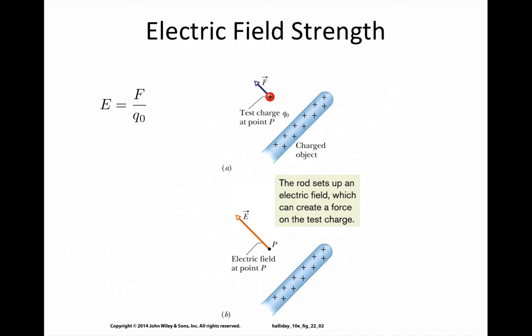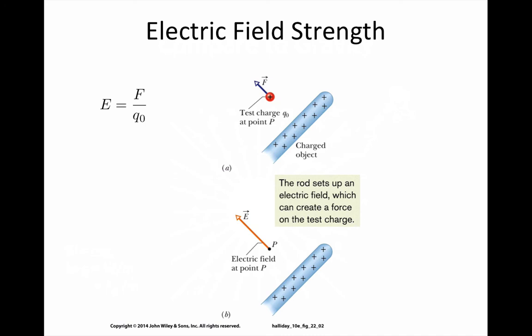The same electric field can produce different forces. We don't see this in gravity because we only ever have gravitational field acting in one way, but in electrostatic forces where you can have positive and negative charges, you can see at the top where we have a positively charged rod that a test charge would feel a force away from the rod, and so we map the electric field direction as pointing away from the rod.